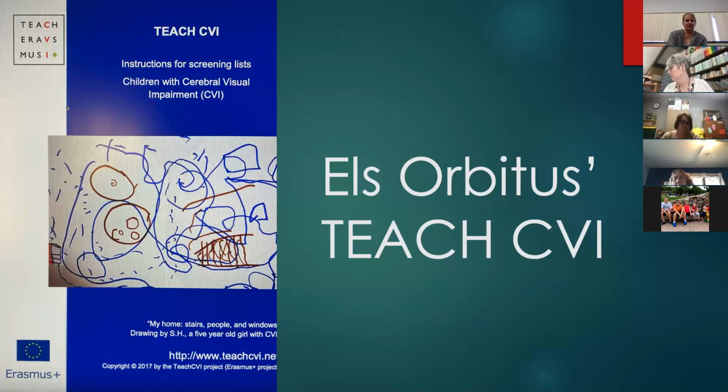This picture right here, I don't know if you can see this. I think I cut this picture off, but this is what was drawn by a 5-year-old girl with CVI. This is her home, you can see the stairs probably right in here, people, windows. This is how she perceives her house. Okay. Now, we need to take just a couple seconds and think that a young child might draw a picture like this, and Patty, I'm going to speak to you right here.